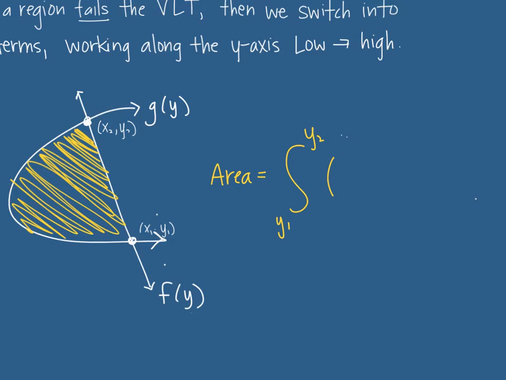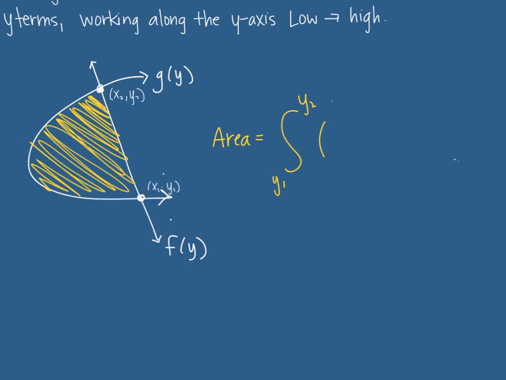Okay, now we need a subtraction. But the question is always which one comes first. Well, as you're determining which one comes first, you're going to do the reverse of what you did before, and instead of going left to right, we're going to go right to left. And so we think about an arrow. Yesterday we talked about an arrow. We think about an arrow that wants to pierce the region from right to left instead of from left to right.